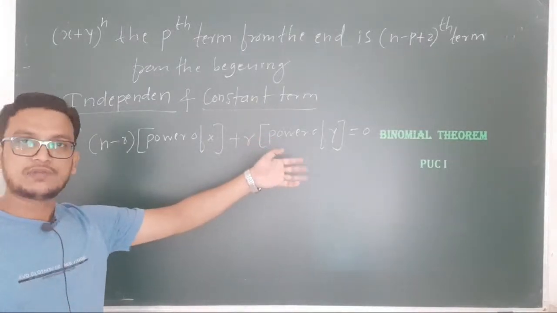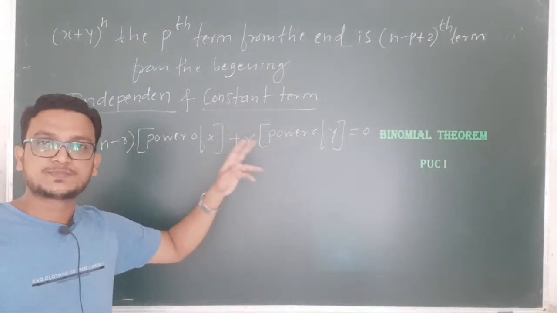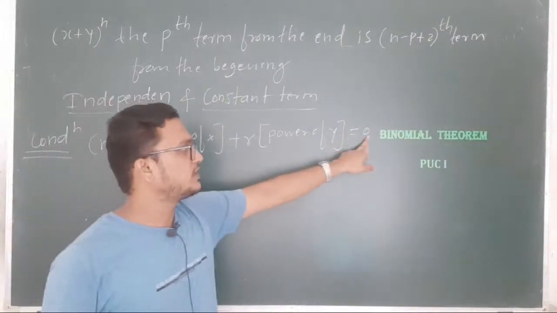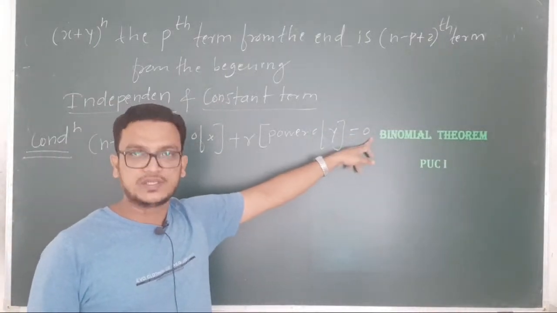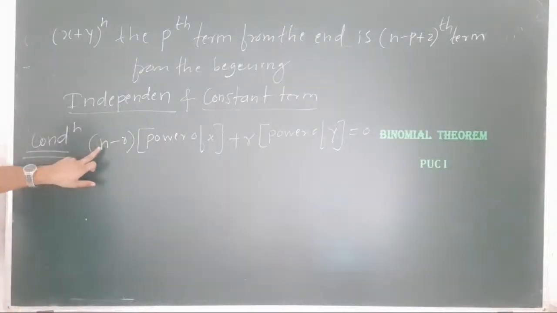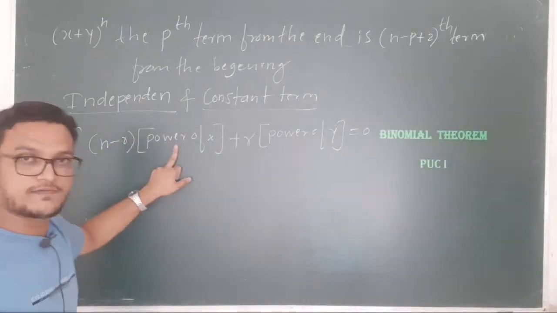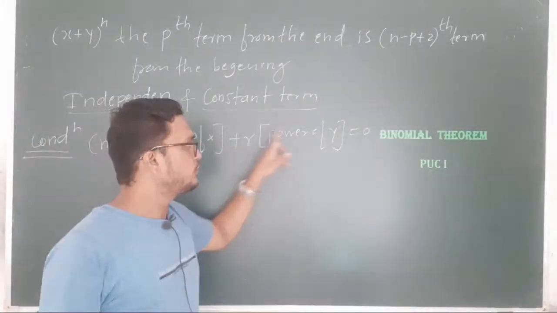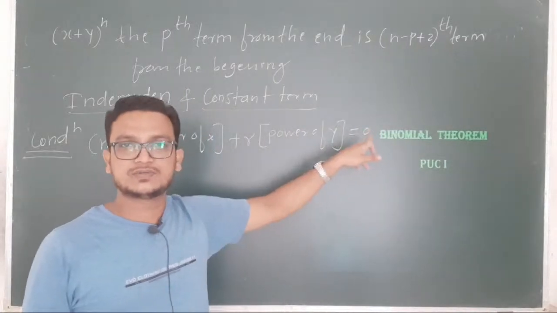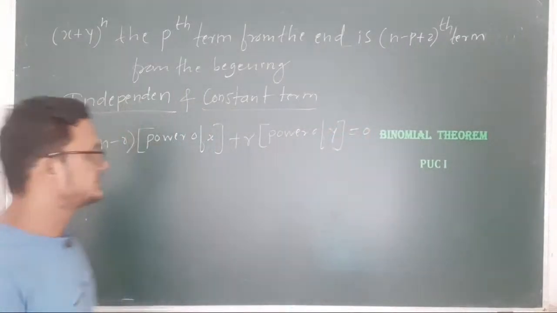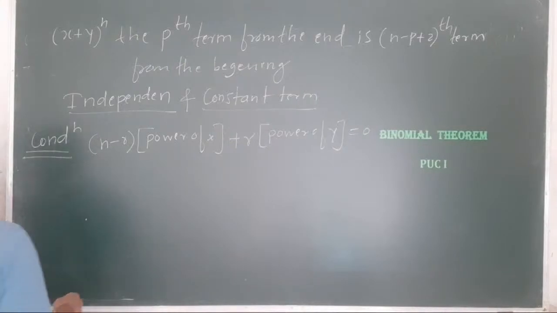Because we have said the variable exponent is 0, so we have to equate that power to 0. Important condition it is.